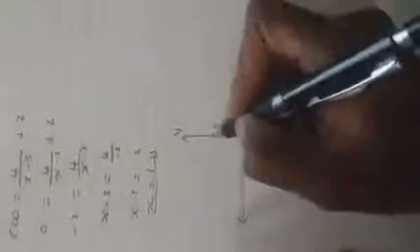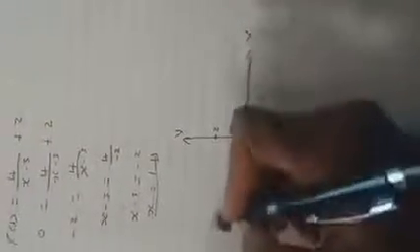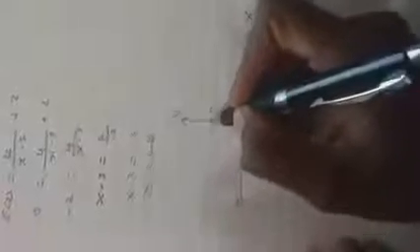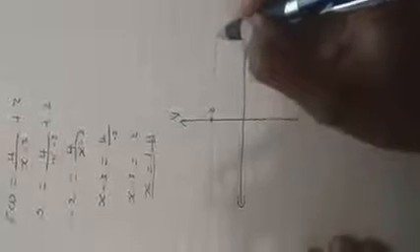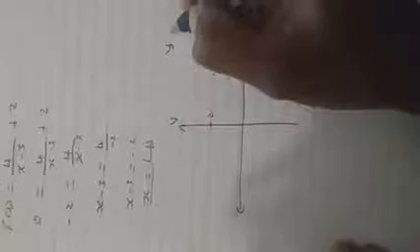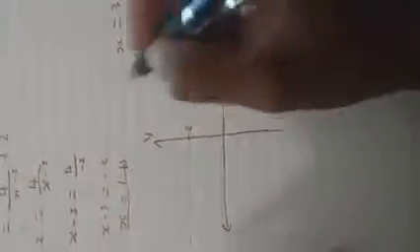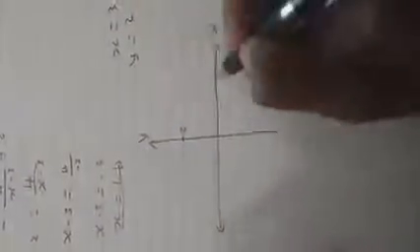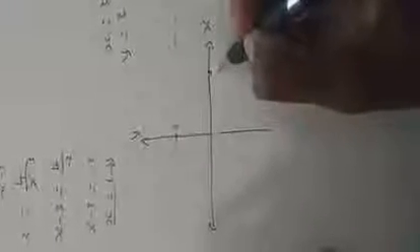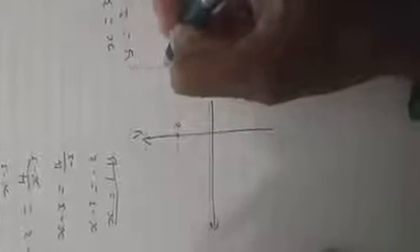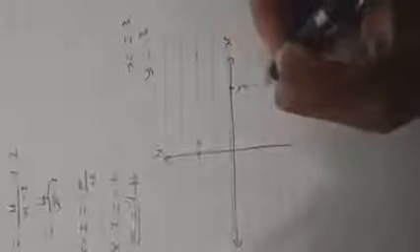We have the horizontal asymptote at 2, because we said our equations of asymptotes are y equals 2 and x equals 3. Right, so the vertical asymptote is going to be at 3 in this case, so it's going to go here.